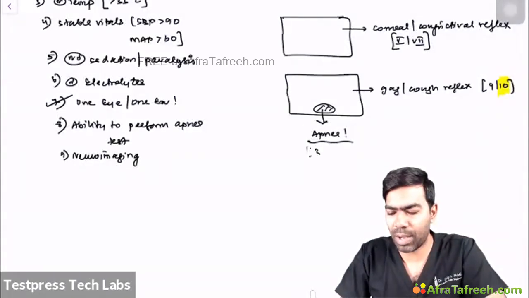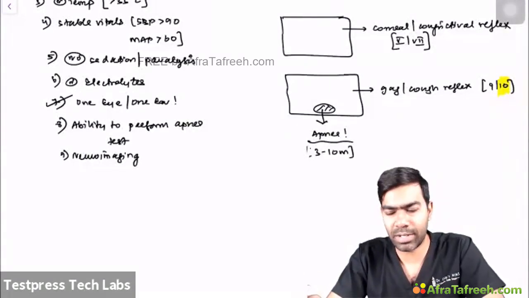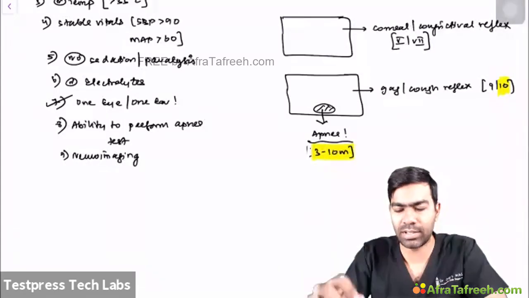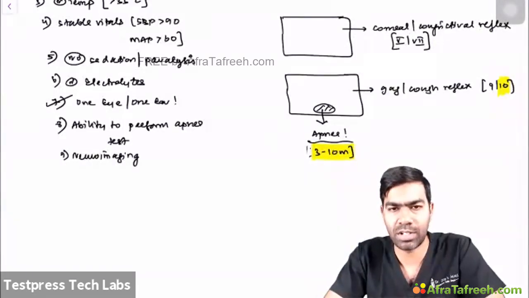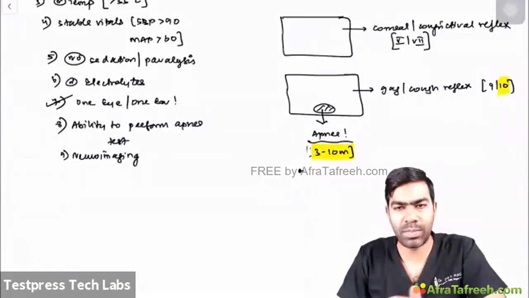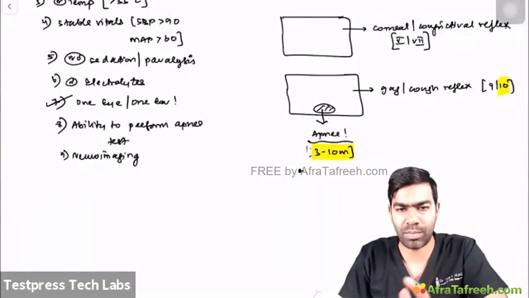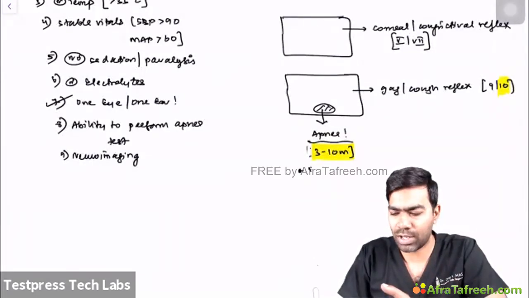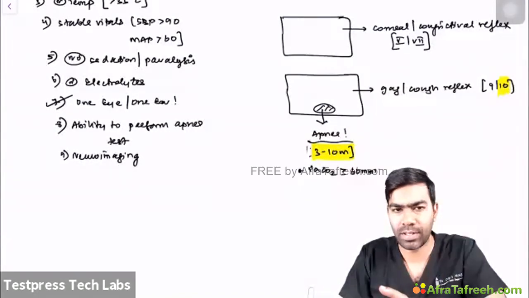Remember, we do apnea testing for 3 to 10 minutes, which means we disconnect the patient from the ventilator. And that should be for a minimum of 3 minutes and up to 10 minutes. That's very important. There should be some time where you should stop. So either you can stop when you reach 5 minutes or 10 minutes, or you can stop when the PaCO2 reaches beyond 60 millimeters of mercury.